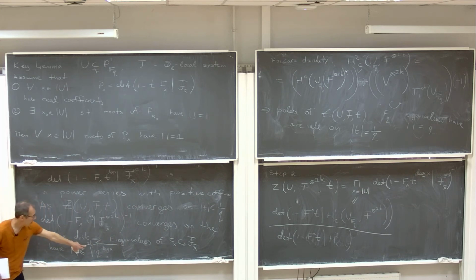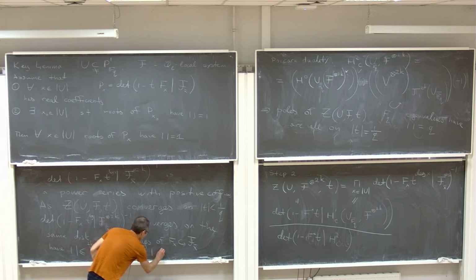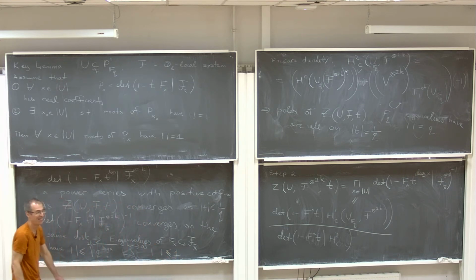So k here is an arbitrary number. So when I take k going to infinity, I conclude that this absolute value is less than 1. And that's the main trick. So you see, the original hypothesis was about the zeta function of a variety, right?